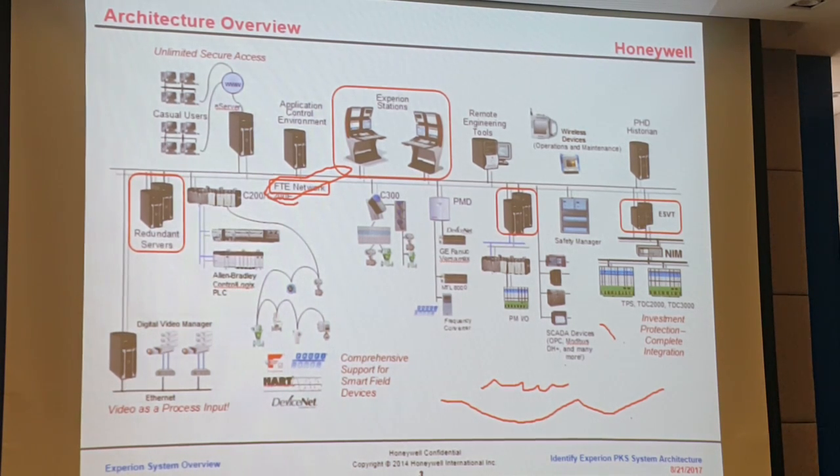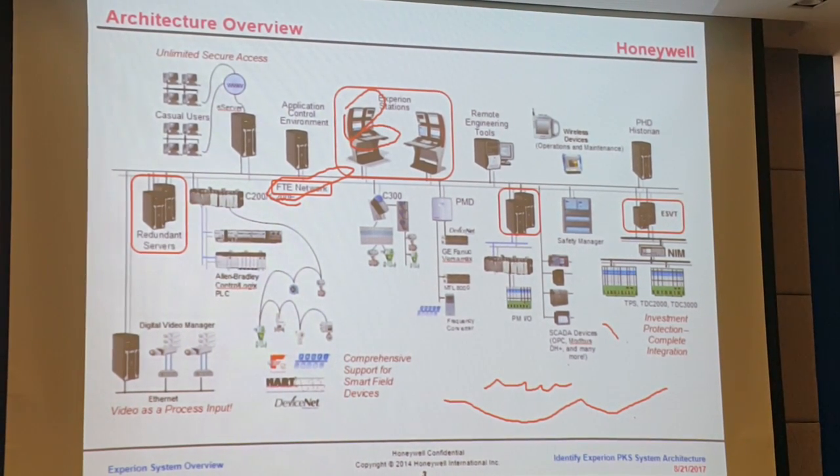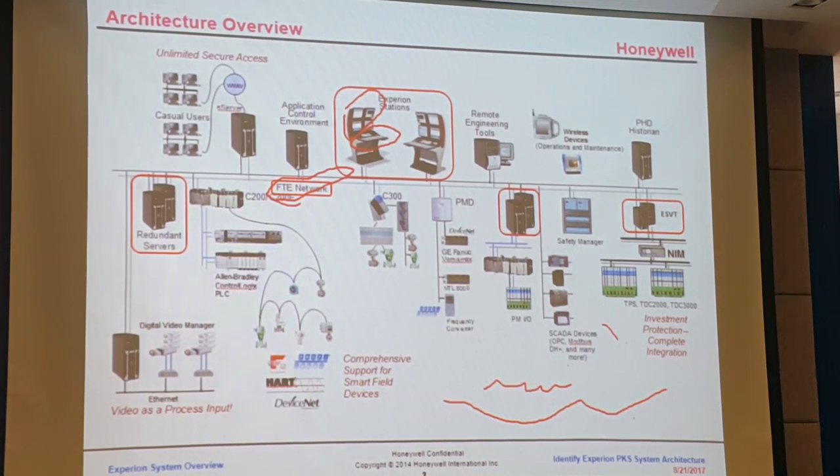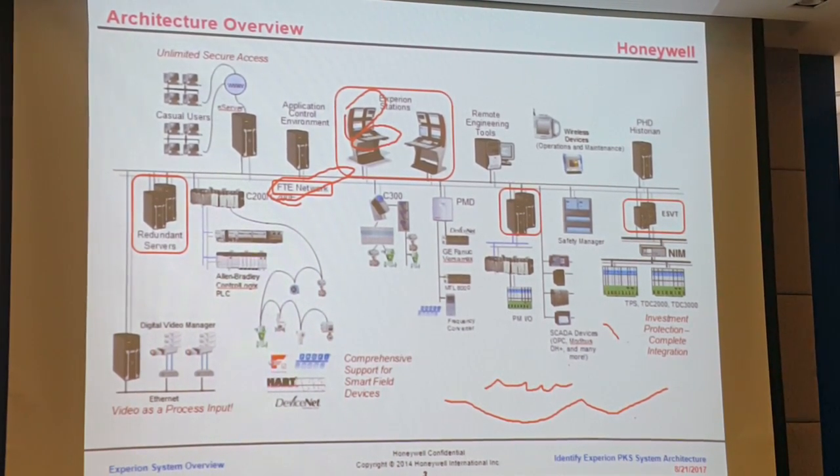This is called an icon station. 4 screens and 1 specially configured keyboard, and this station we call an icon station. A station can be either an icon station, or it can just be a simple personal computer, your laptop or some other computer you can buy from the market.